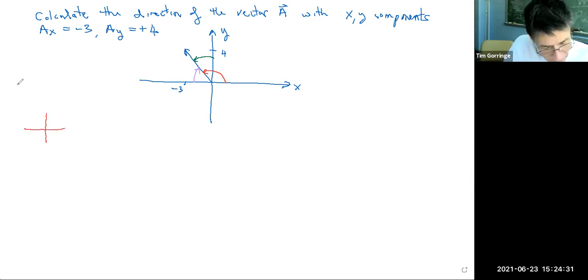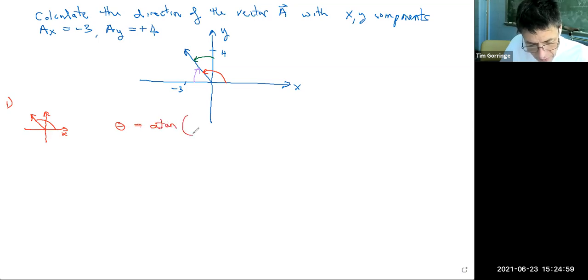So let's start with the angle with respect to the positive x-axis. I'm going to call this method number 1. Here are our axes. Here's our vector. And we're going to calculate this angle here, which we'll call theta. We take the inverse tangent, or arctangent, of the y component of the vector divided by the x component of the vector.